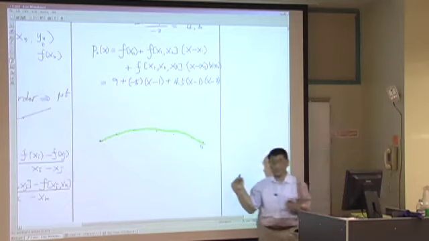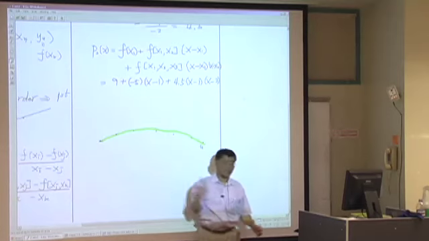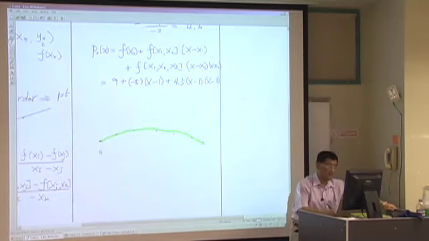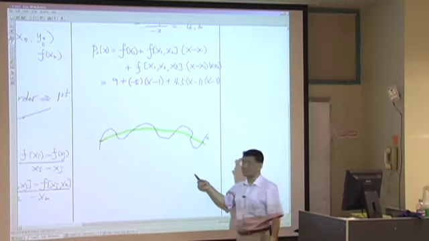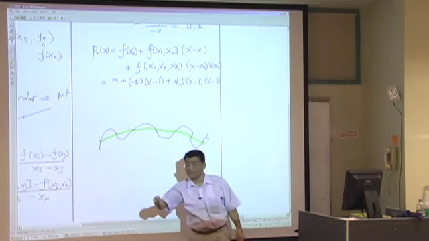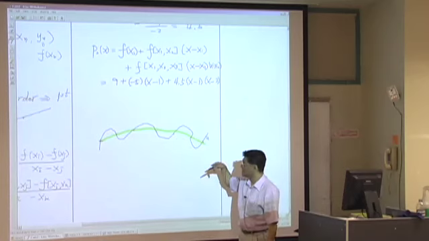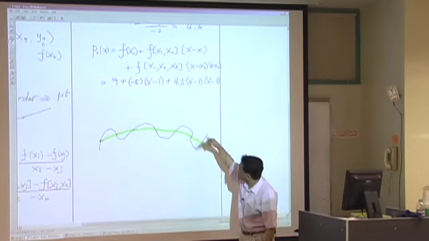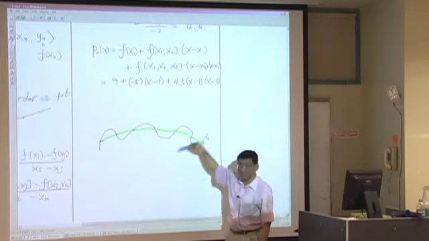But unfortunately, if you use just this directly, sometimes this may happen, but in many cases the function may look like this. So it is oscillating in style. The mathematical definition of oscillation is different, but just intuitively it looks like an oscillating function.